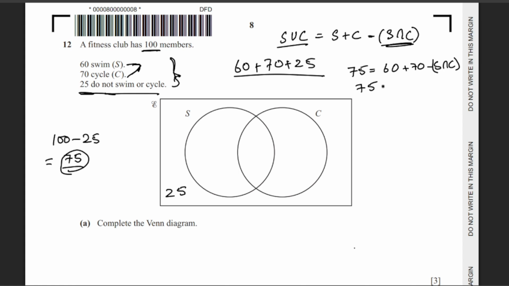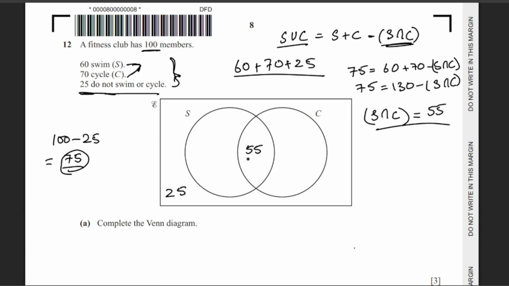So 75 equals 130 minus that. That means S intersection C will equal 55. This is non-calculator, guys, so you have to remember to do this without a calculator. That means the people in the middle over here would be 55.